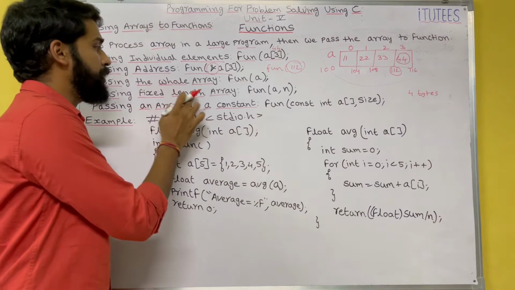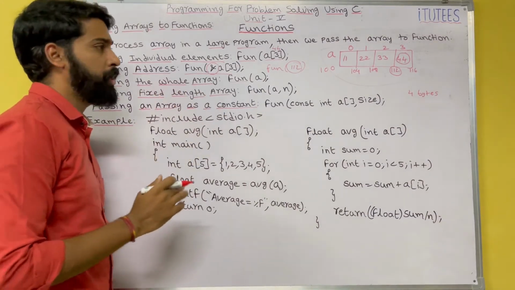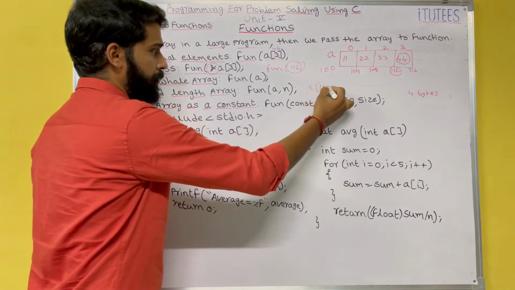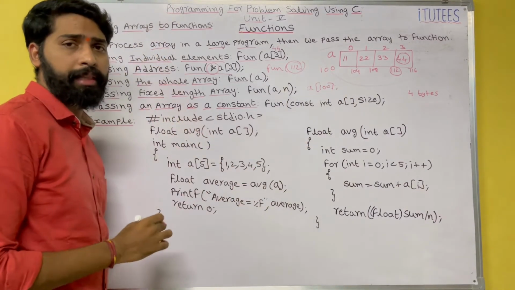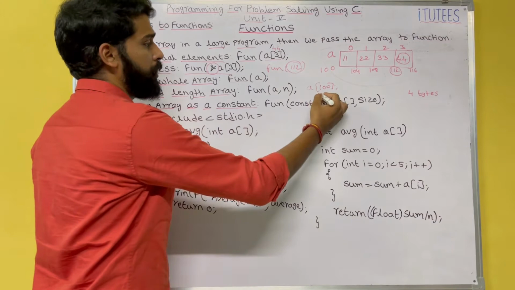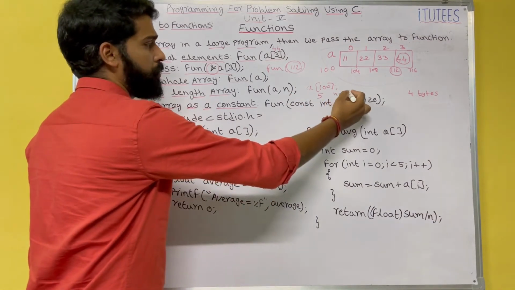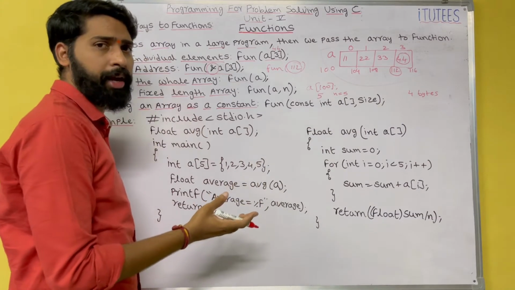Passing a fixed length array. For example, I declare an array a of 100. In this, I am going to read only 5 values by using a value n equals 5. That means the size of the array is 5.